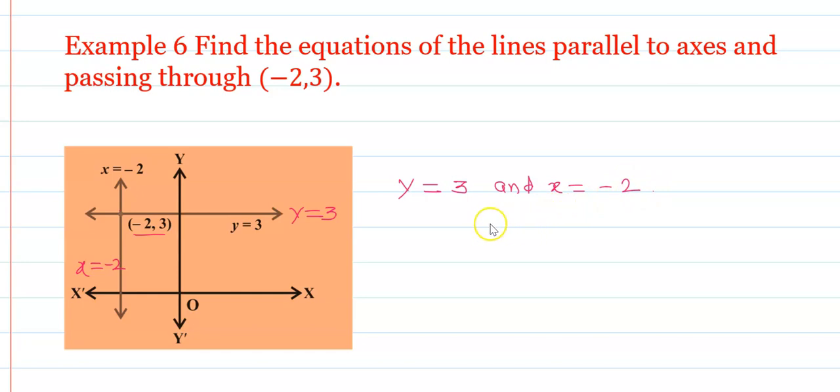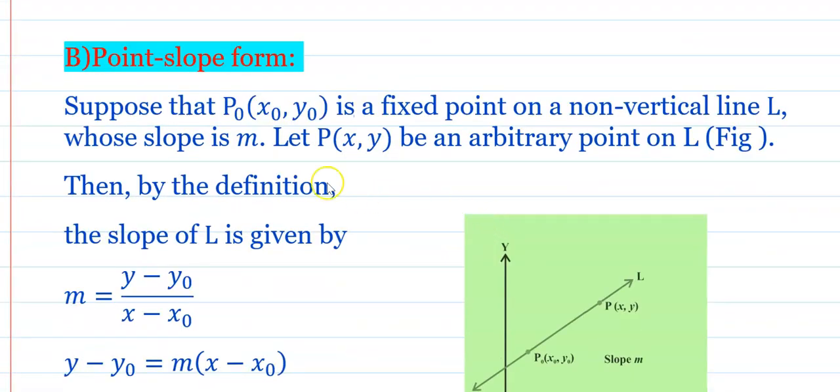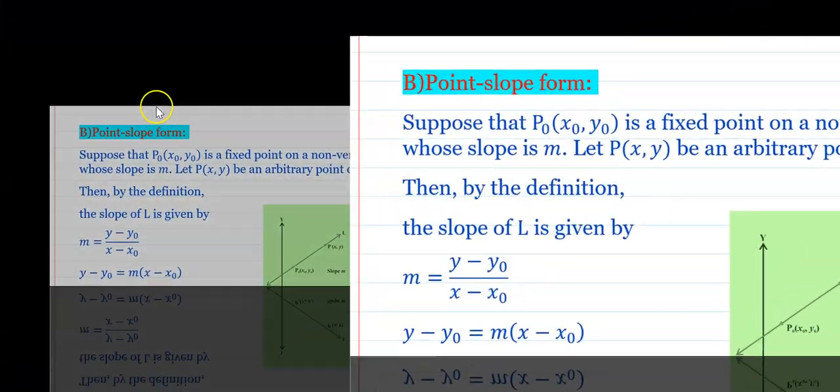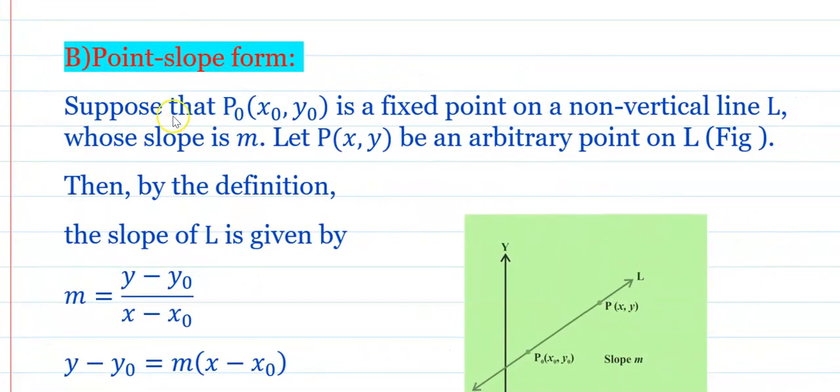These are the equations of the lines parallel to the coordinate axis. Okay, now the next, slope point form, a very important form. Suppose that point P(x0, y0) is a fixed point on a non-vertical line L. It is not parallel to any axis, therefore we say that it is a non-vertical line L. It is not parallel to the y-axis.